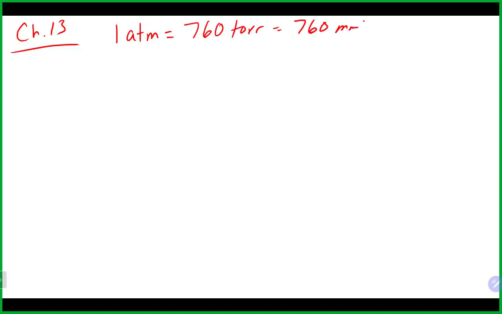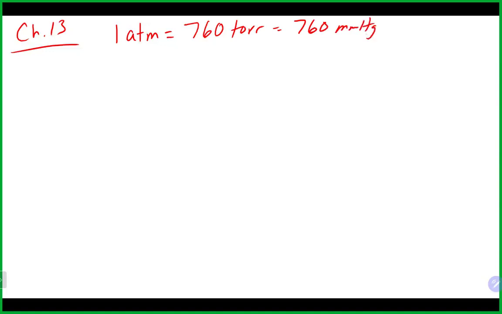Okay, so we've been talking about chapter 13, gases. Last time we hit a number of gas laws, right? And we talked about three very common units of pressure, which are an atmosphere, which is 1 atm, 760 torr, and 760 millimeters of mercury.